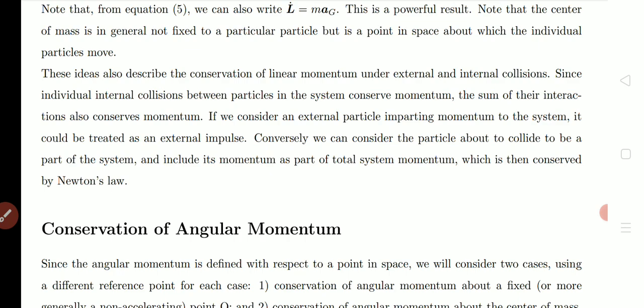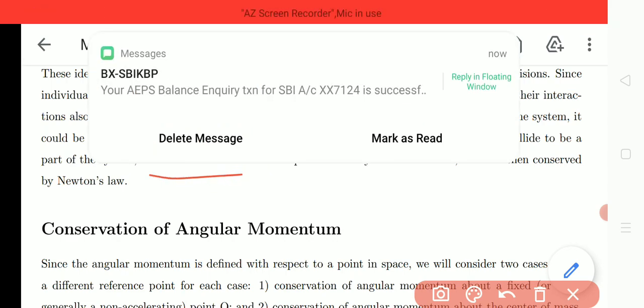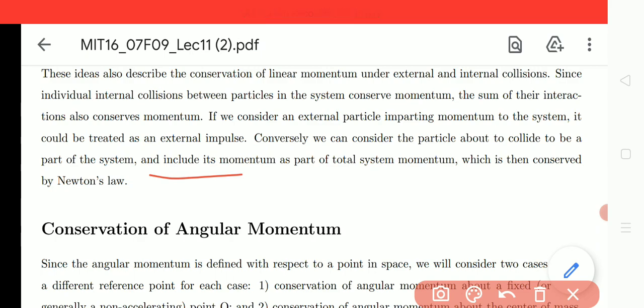Conversely, we can consider the particle about to collide to be a part of the system and include its momentum as part of the total system momentum, which is then conserved by Newton's law.